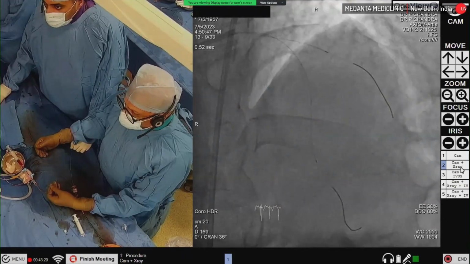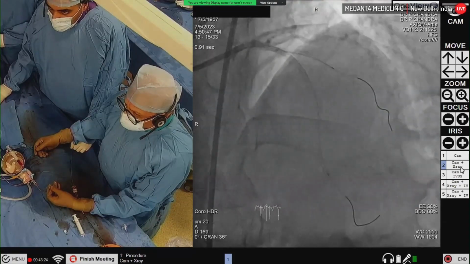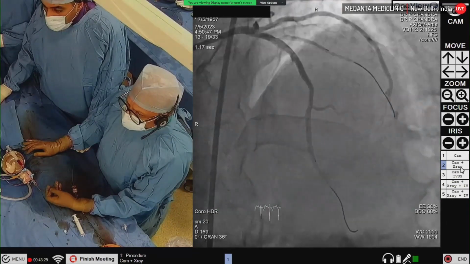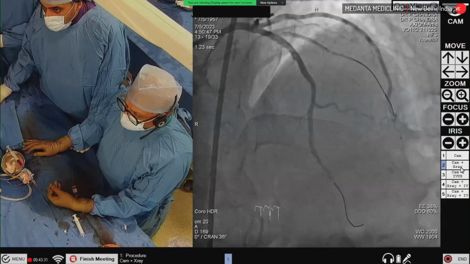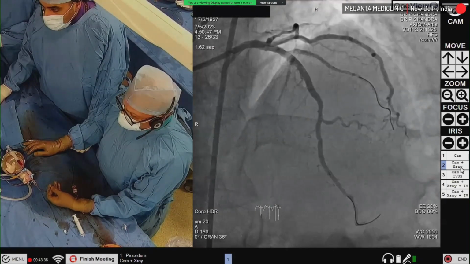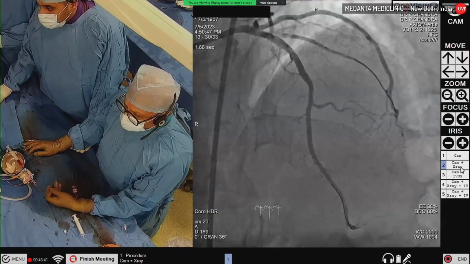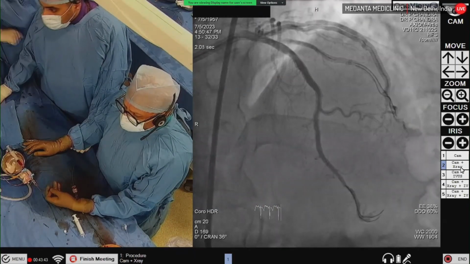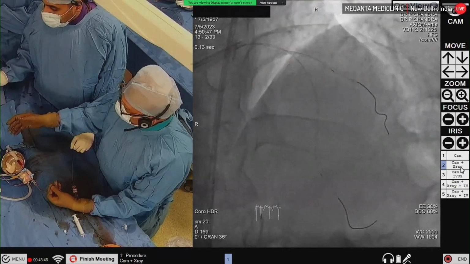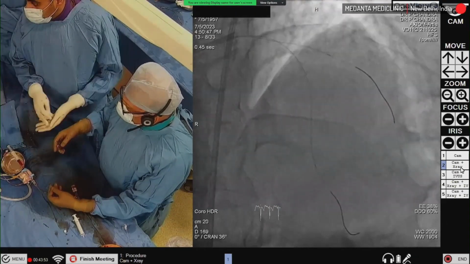So we have two options and we are looking at these options. But I'm very, very happy to do it with a drug-eluting balloon, because the vessel is very well opened up. The flow is excellent and there is no dissection. Give me the 2.25, 15, Essential.